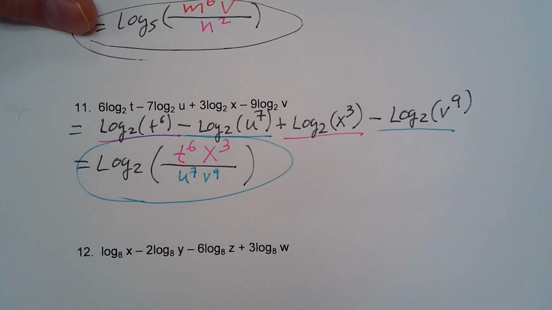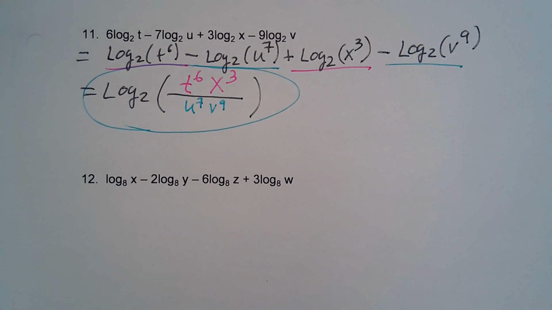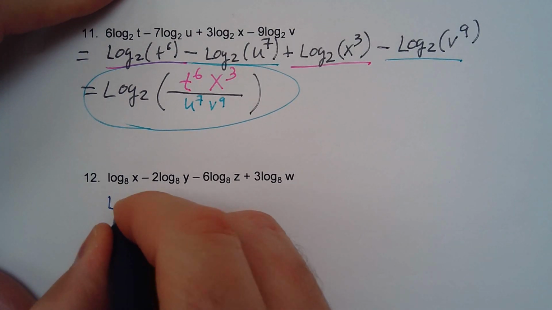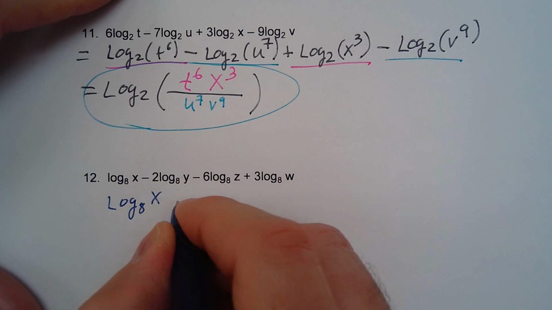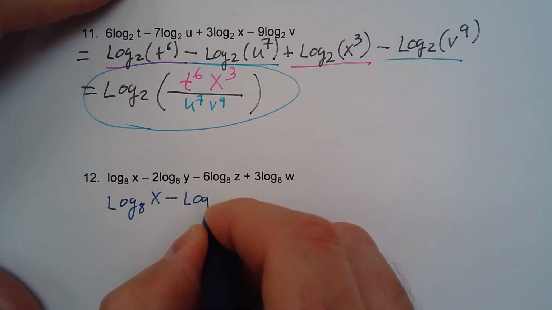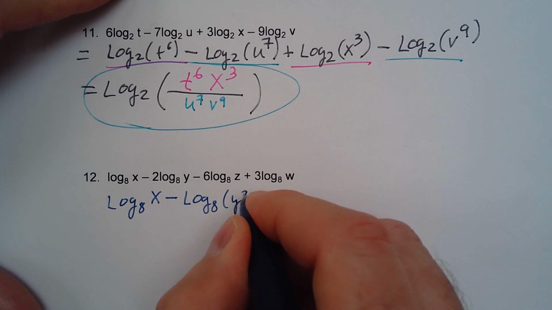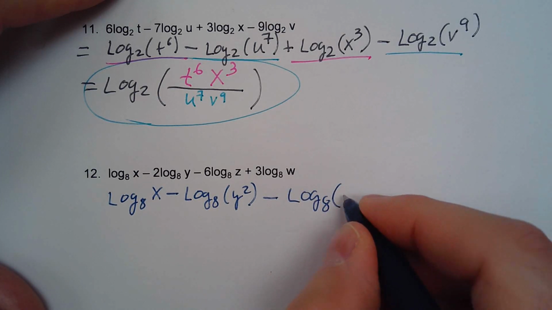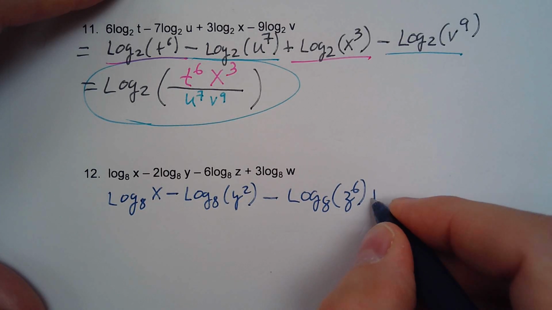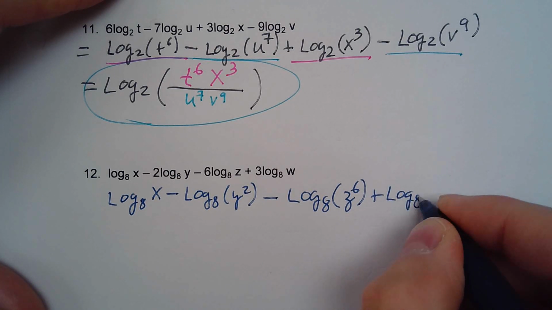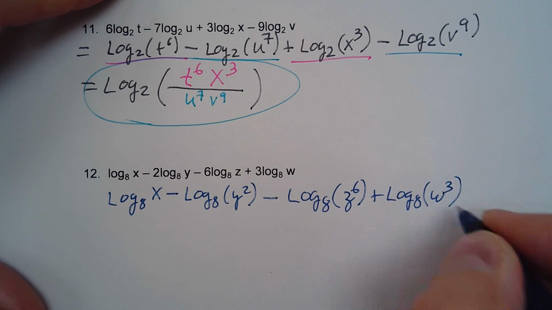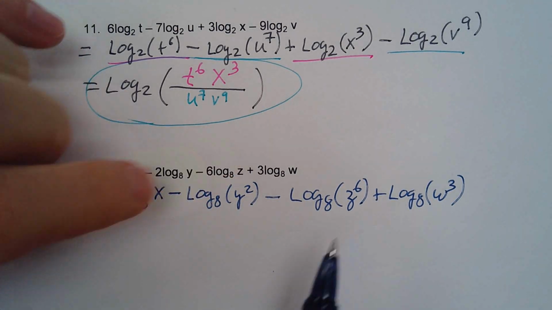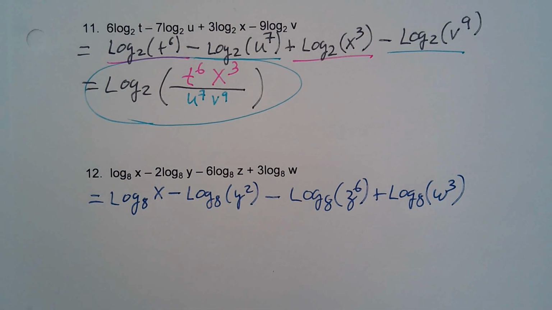Let's try this next one. So again, I want to bring up the powers. So this becomes minus log base 8 of y squared minus log base 8 of z to the 6 plus log base 8 of w to the third. So just go ahead and bring up the 2, bring up the 6, and bring up the 3 as powers.